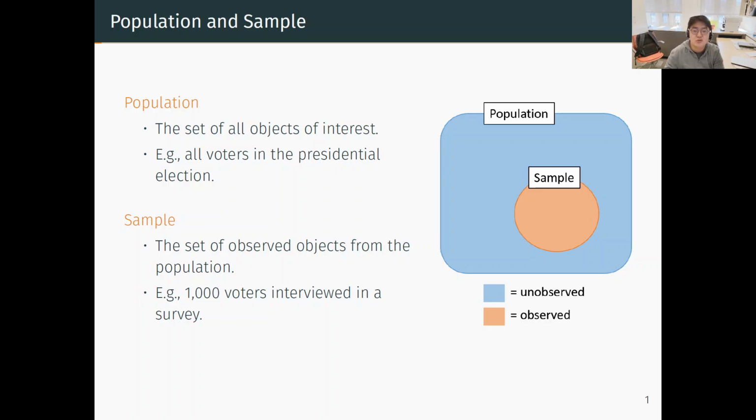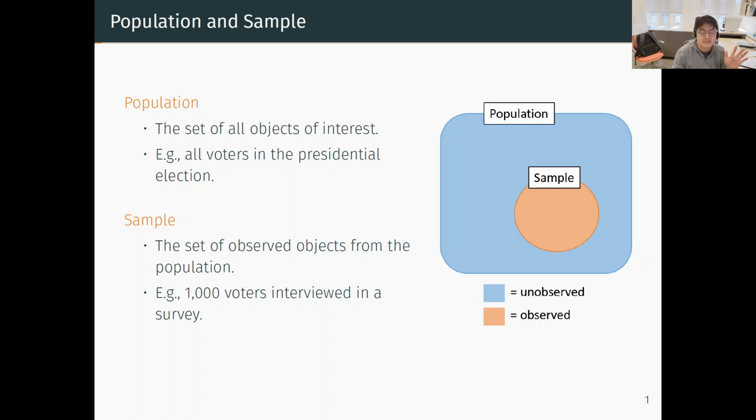First imagine if you could meet every voter and ask who they are going to vote for, or whether they are going to vote. If you can do that for every voter, then it's not statistics. You know the answer. Then it's simple computation, right?